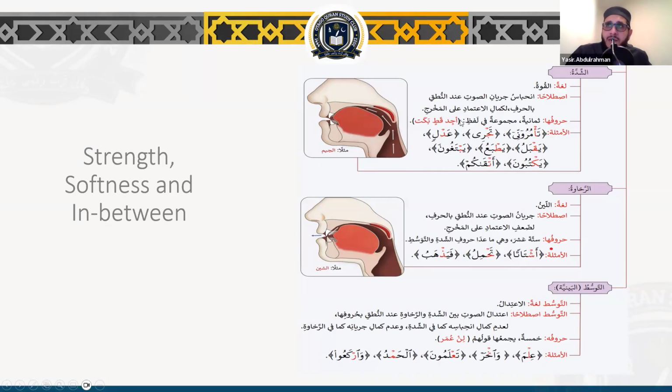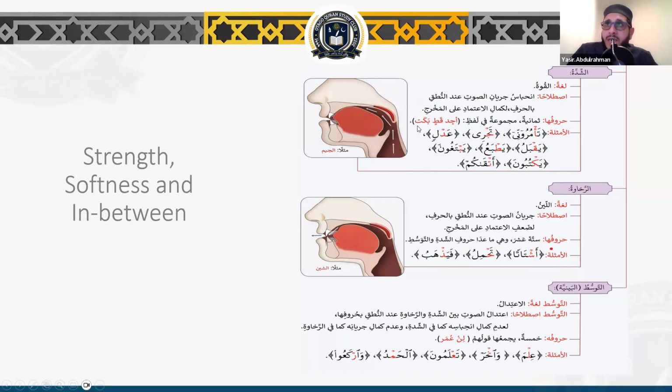The letters are summarized in the sentence ajid qatim bakat. Some people also summarize it in another sentence, ajiduka tutbiqa, because some of these letters are also huruf itbaq. So you say ajiduka tutbiq because you're blocking the articulation point on the letter.